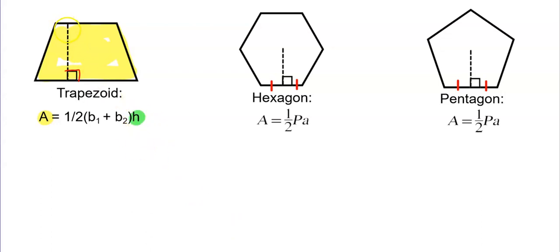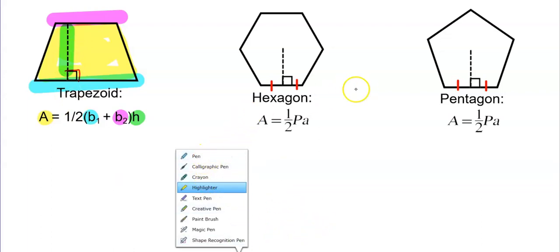My height is the distance between my 2 bases. My bases are these parallel sides. The bases are the parallel sides, and the height is the distance between those bases. Again, notice height is perpendicular to the 2 bases.